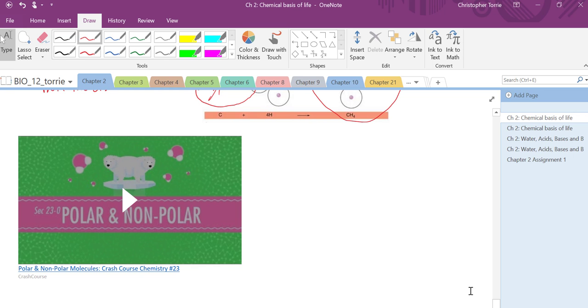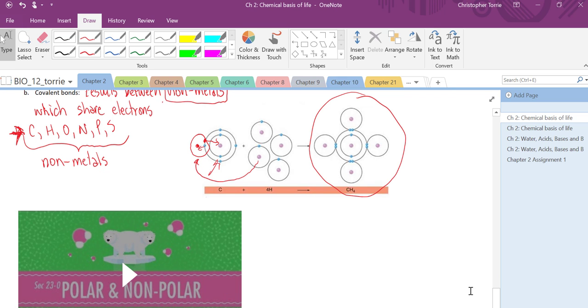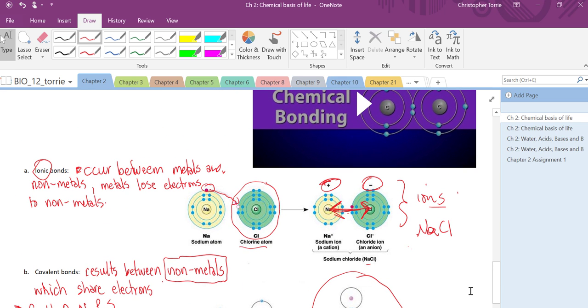So what we see happens with covalent bonds because of this sharing aspect, this unequal sharing, is the molecule can take on a slight charge. If you remember, the types of bonds are ionic or covalent.